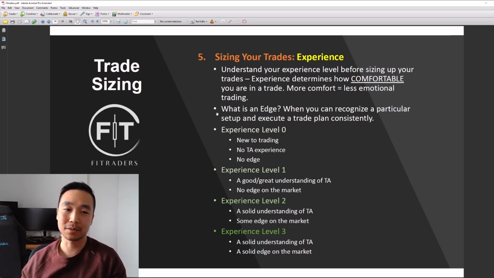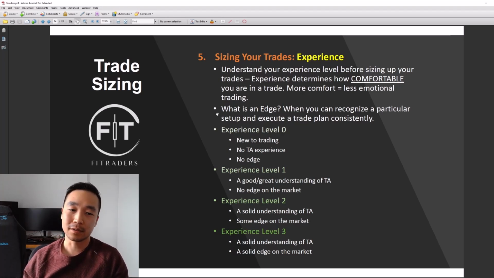Make that your tuition account. You're going to pay tuition to the market. How much the tuition is going to be depends on you, but I recommend starting off with a $10,000 account, $50,000 account. And start gradually. Once you gain that experience and you level up, increase your account size once you get that edge on the market.